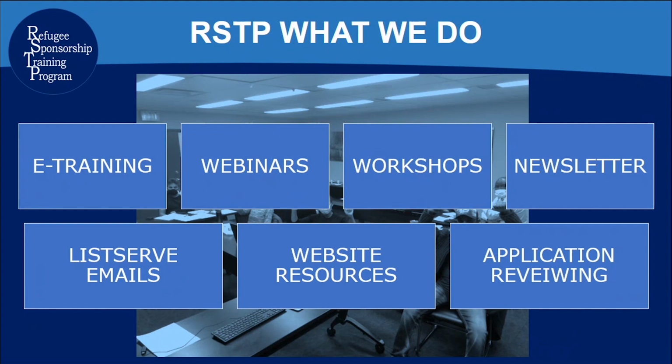And here is one service that we provide as local trainers to the people within our region. If you are almost ready to submit your application to IRCC and you are a group of 5 or community sponsor group, you can contact your local trainer and they will be happy to take a look and make sure that you have all of the forms that are required to be submitted and see if you had missed anything, like for example, if there was a signature missing on your documents.